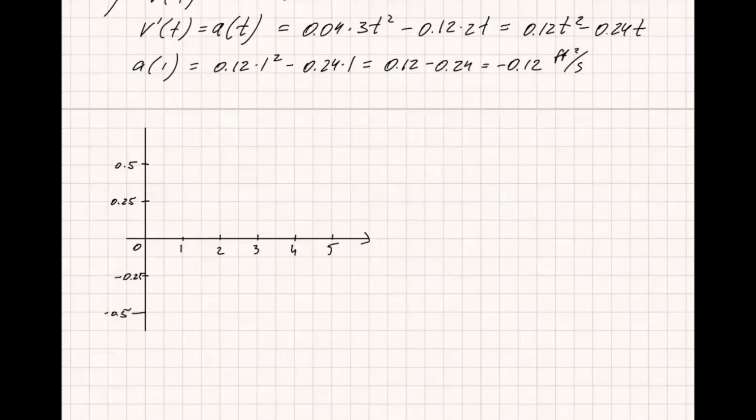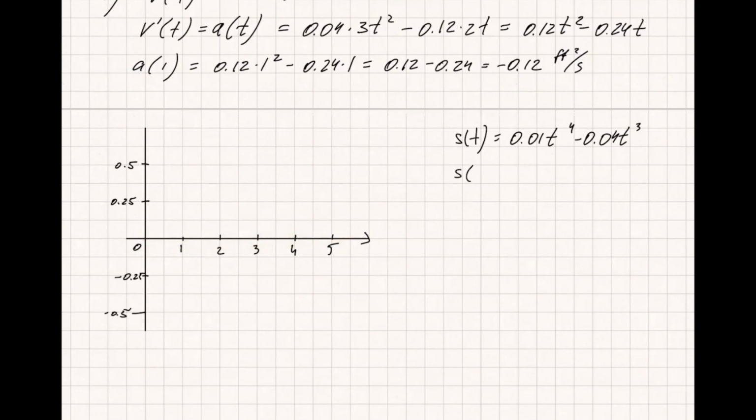Okay, so for the position function, s of t, we had 0.01 t to the fourth minus 0.04 t cubed. So let's see where it is equal to 0 so that we can find the points on the x-axis where we have our position function crossing that line.